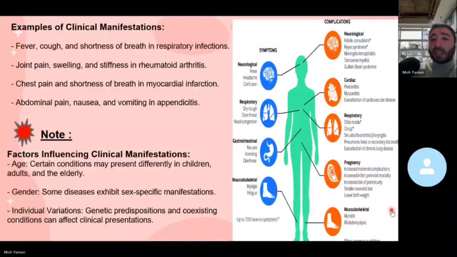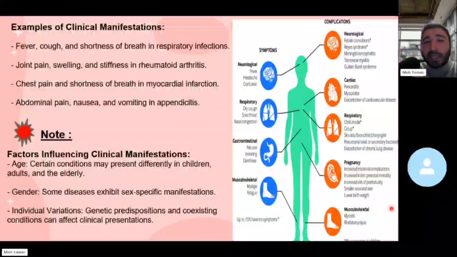I hope it will be fine for you guys to understand. There are symptoms according to neurological, respiratory, gastrointestinal disease, musculoskeletal system, during pregnancy, during delivery. Each case has specific clinical manifestations.